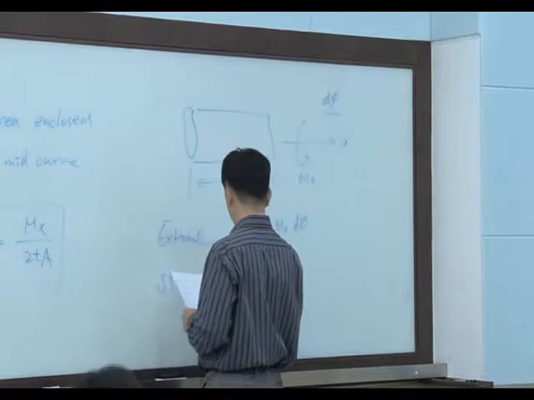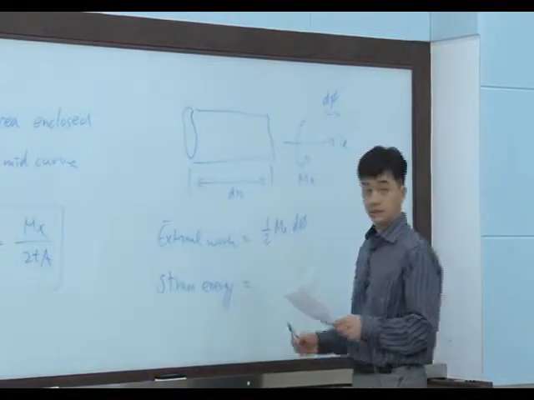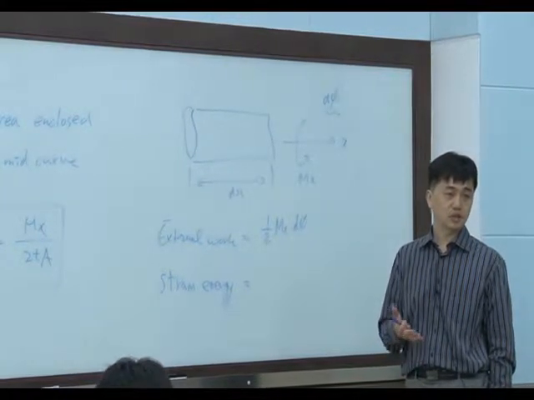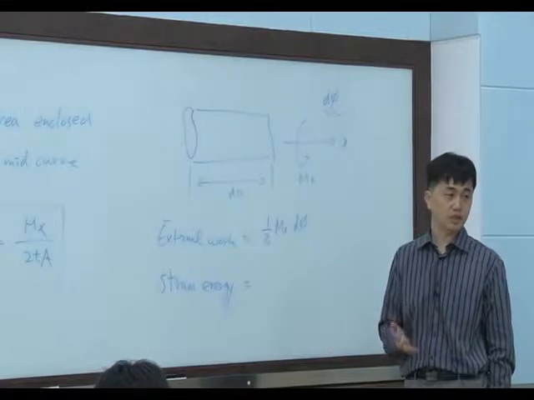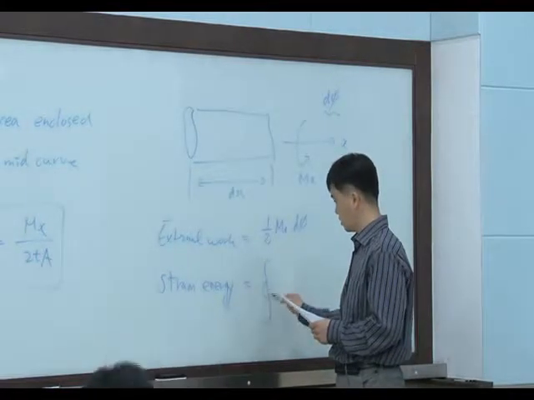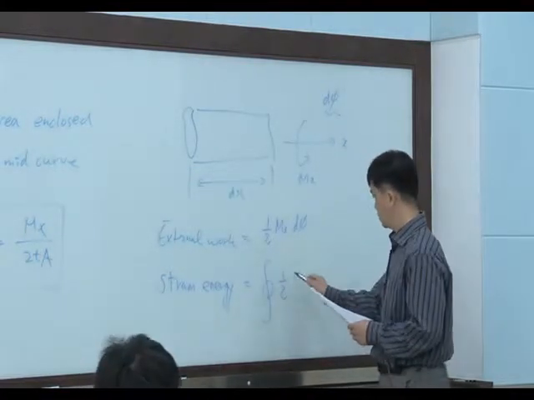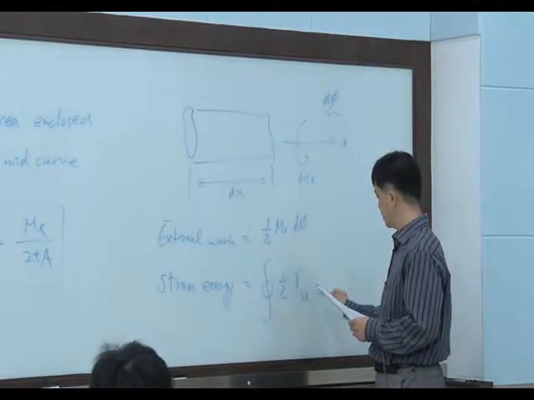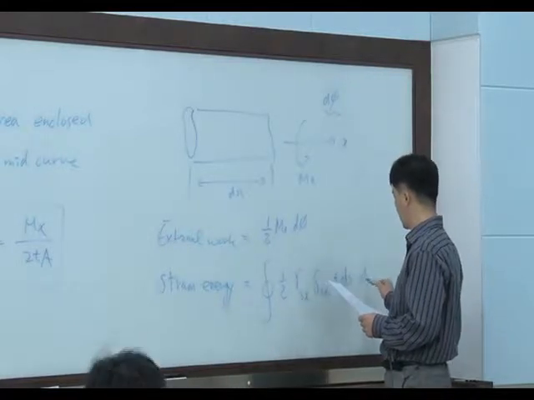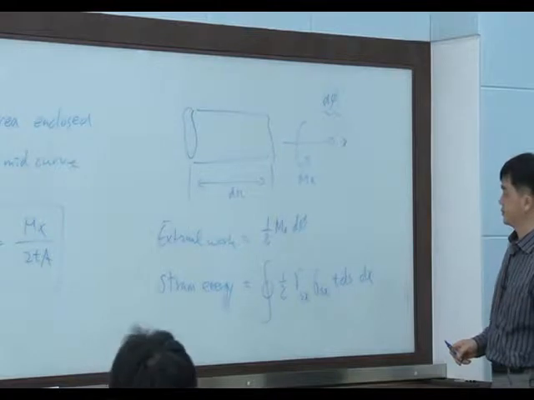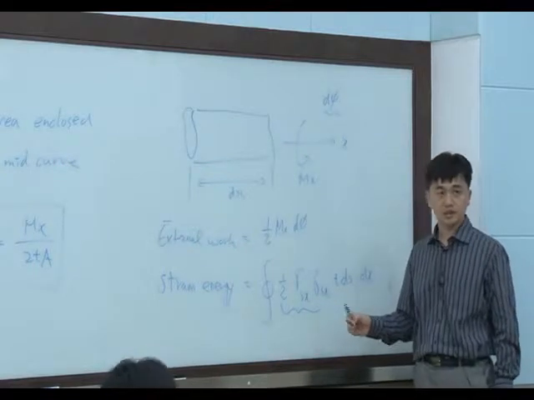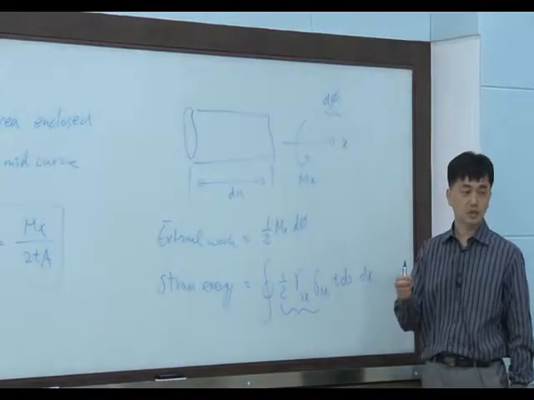And strain energy. This is the strain energy stored, and can be calculated by shear stress tau and corresponding strain: 1/2 tau gamma, times t ds dx. This is the strain energy density, the strain energy stored per unit volume.